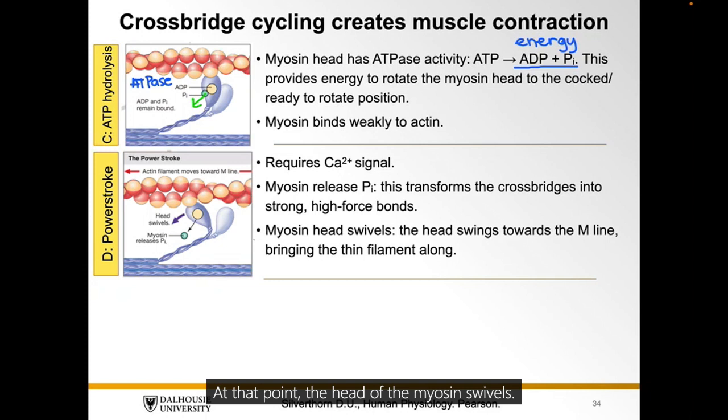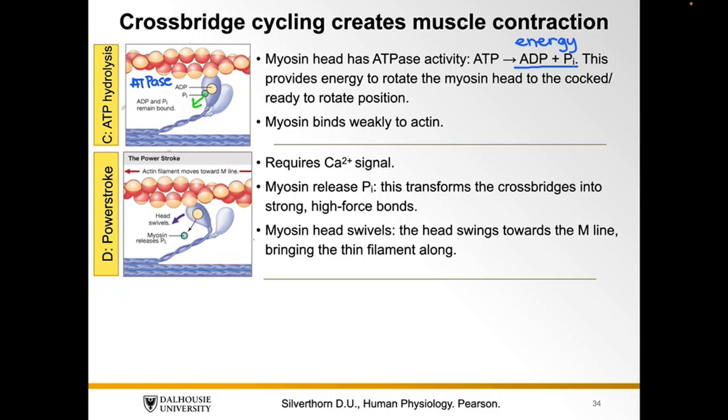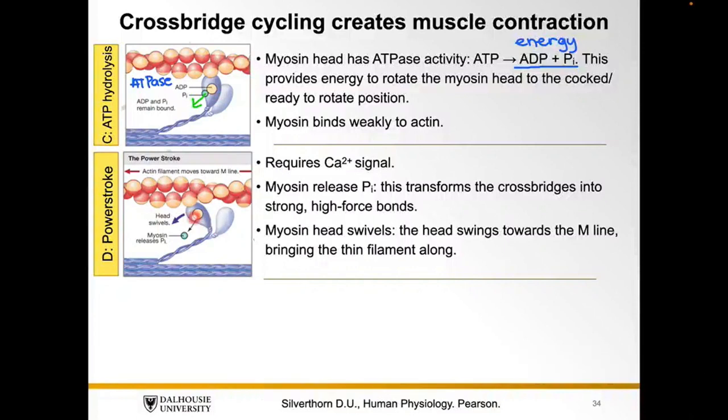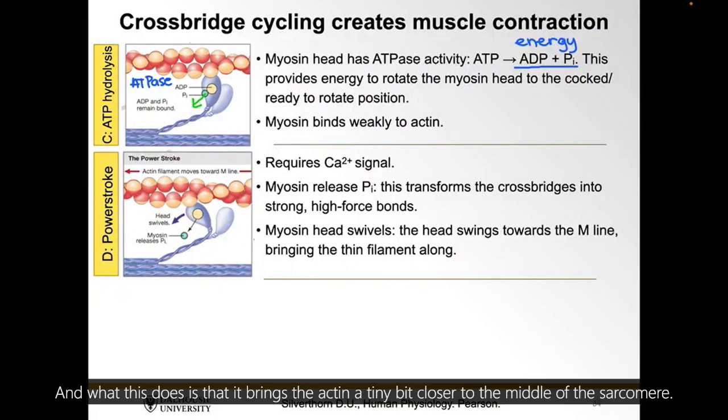At that point, the head of the myosin swivels. So it rotates a little bit. And you can see that by comparing, once again, the position of the head here to the position of the head here. And what this does is that it brings the actin a tiny bit closer to the middle of the sarcomere.